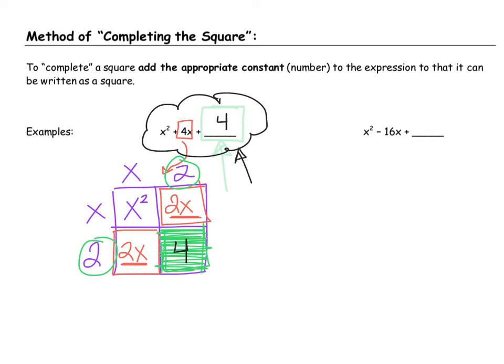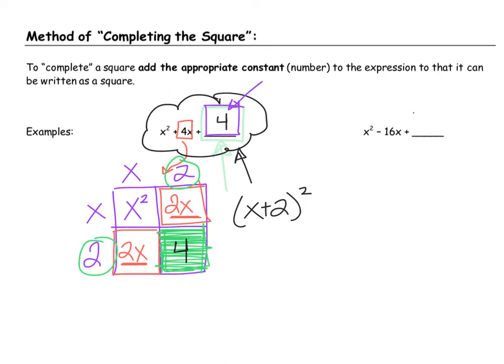I can then rewrite this expression as x plus 2 squared. So this piece right here is the process of completing the square. This is the method that we are learning. Let's check out this second example. I need to complete this square, x squared minus 16x plus something.